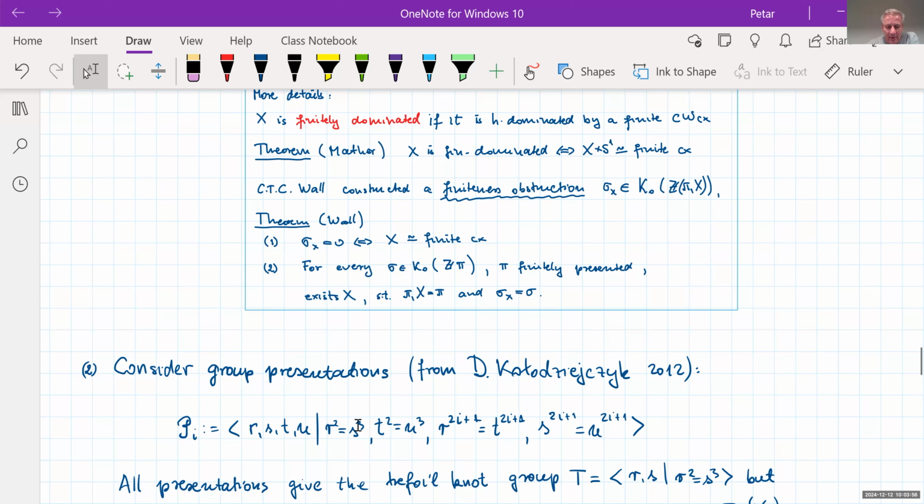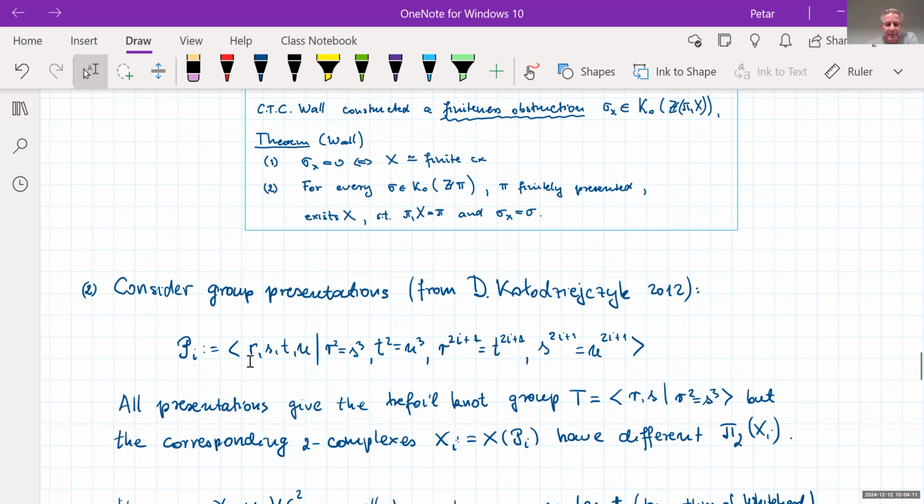You put all those relations, and for different i, you get different presentations. It turns out that they are all presentations of the threefold knot group, and corresponding to each presentation you have an associated two-dimensional complex. Those complexes have this as a fundamental group, but they all have different second homotopy groups, so they are not homotopy equivalent.